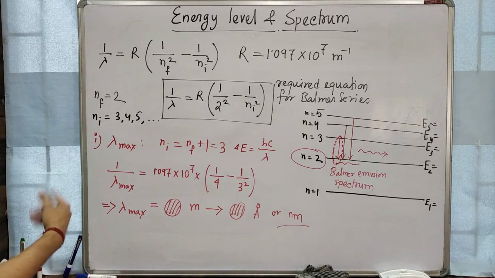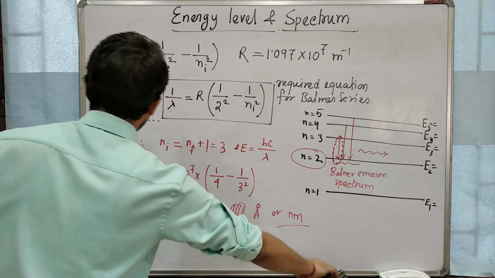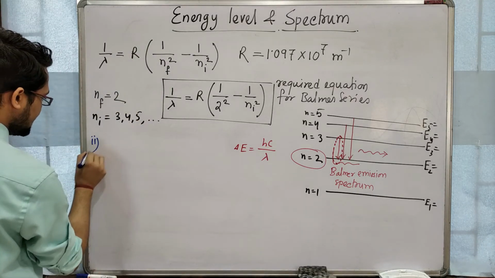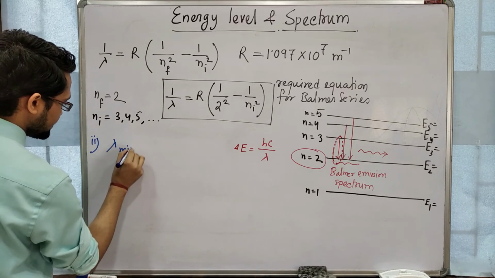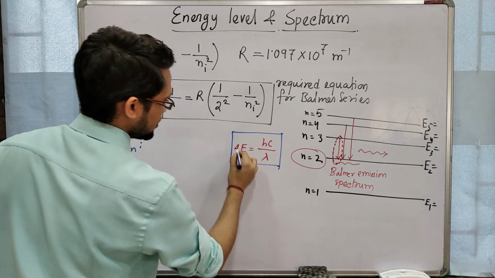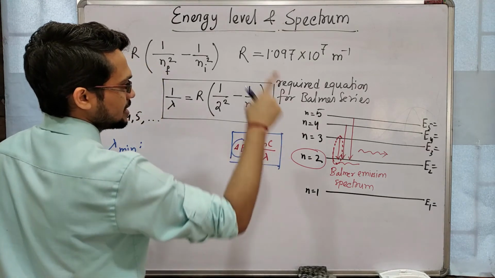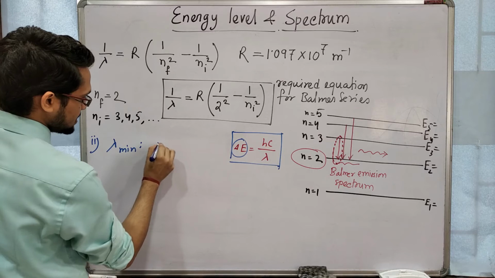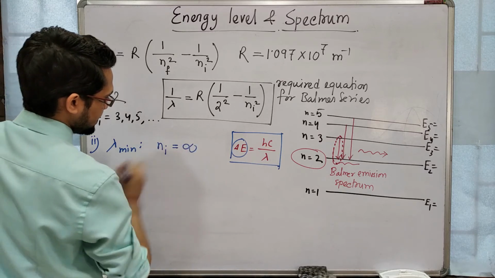Now come to lambda min. Again come to this equation. Lambda min means delta E will be maximum. Delta E maximum means it should come from infinity. That means Ni will be infinity.